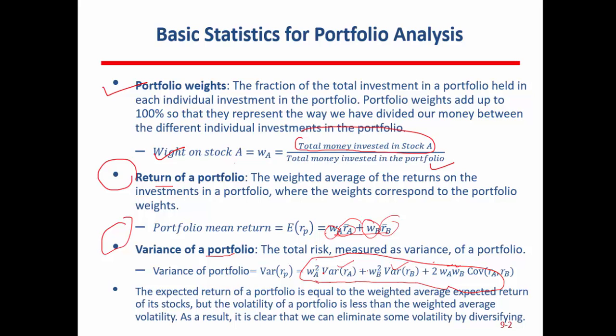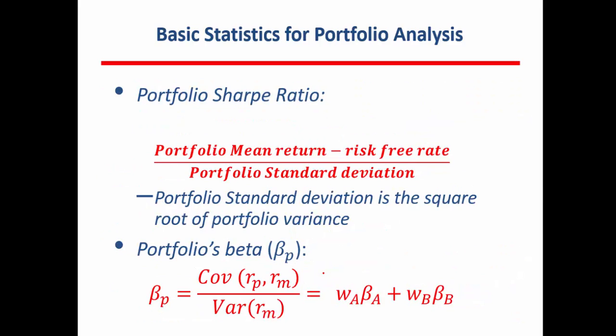And once you know how to calculate portfolio mean and the portfolio variance, we can discuss two more statistics which are used in portfolio analysis. One is the portfolio Sharpe ratio. Portfolio Sharpe ratio is very much similar to the Sharpe ratio we discussed for an individual stock. Here, instead of individual stock mean return, we have the portfolio mean return minus the risk-free rate over the portfolio standard deviation.